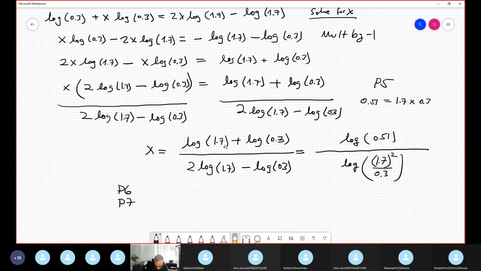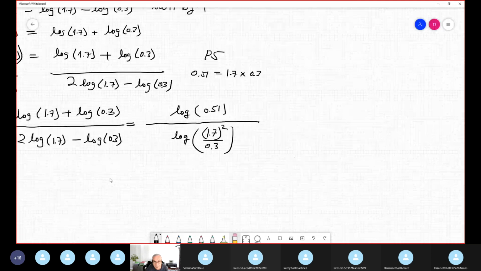I put in the calculator 1.7 squared divided by 0.3. It is 9.6 repeated. So far I have this answer.